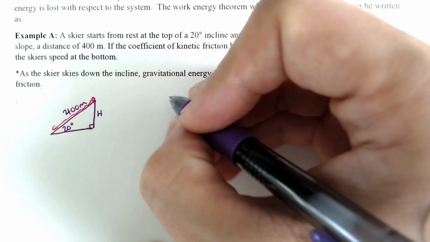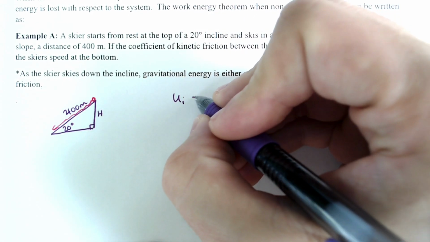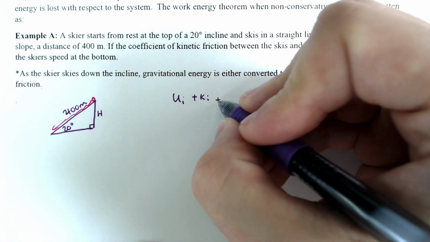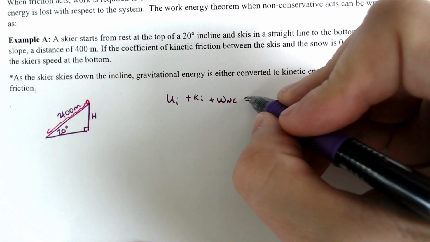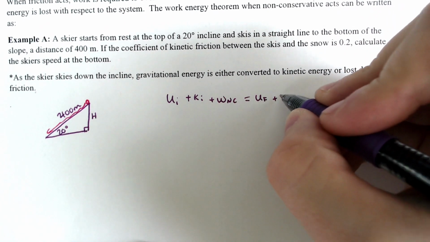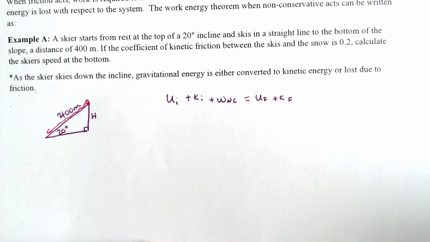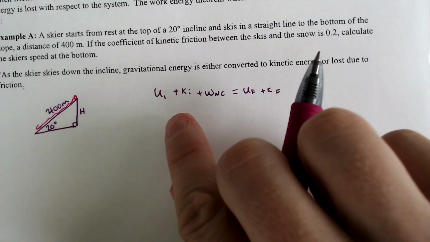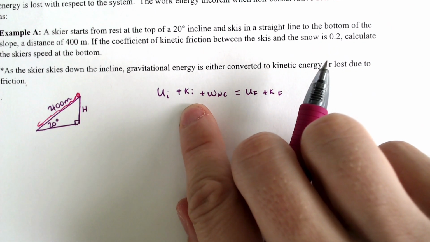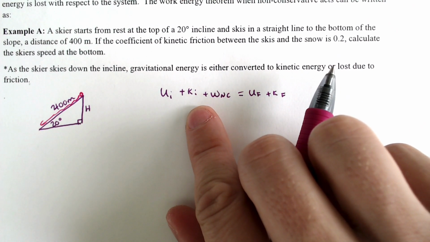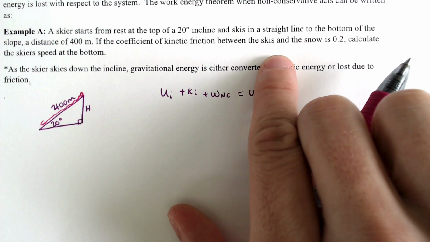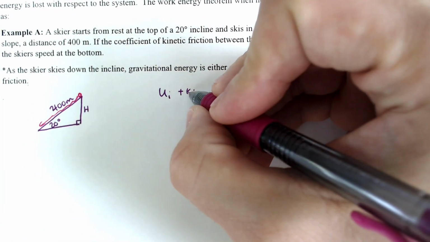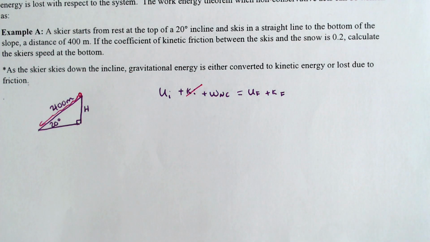But let's start with our UI plus KI plus the work done by our non-conservative force, that would be friction. That will have to equal our UF plus our KF. Okay, so let's start with KI, because the skier is starting at rest, that would mean that he had no kinetic energy in the beginning.